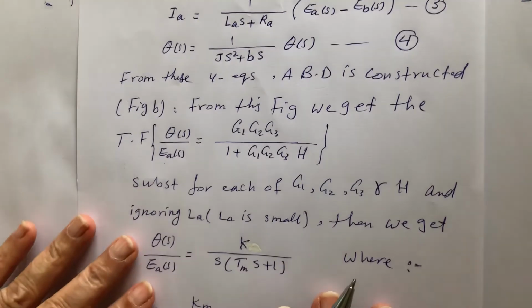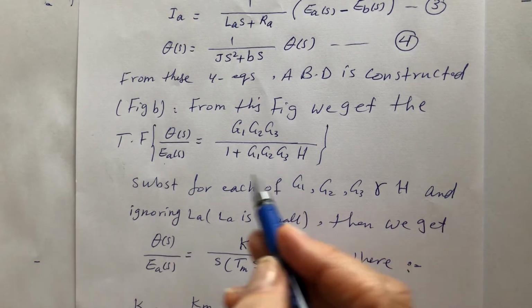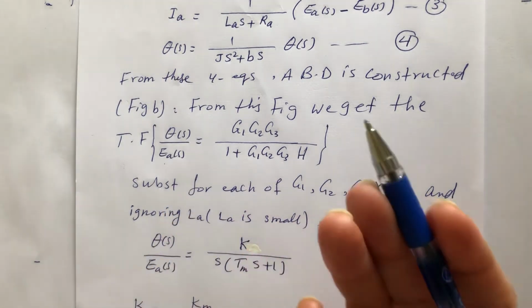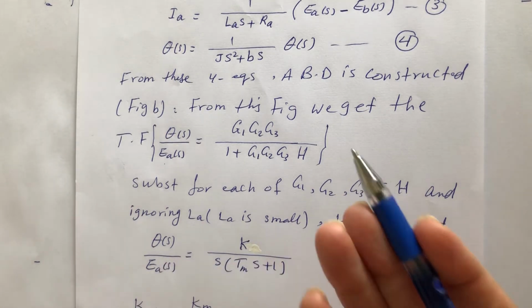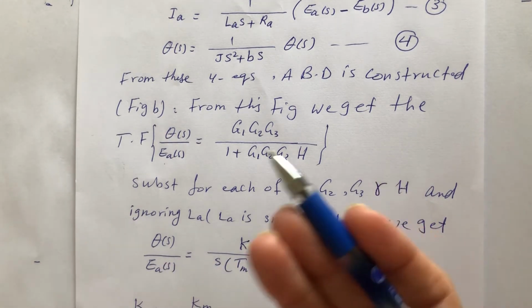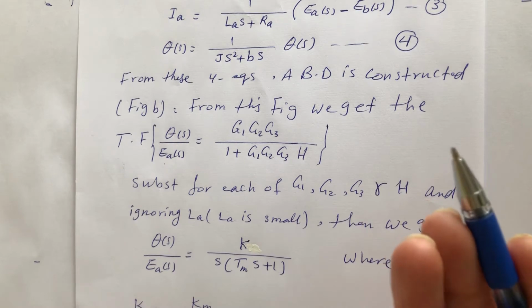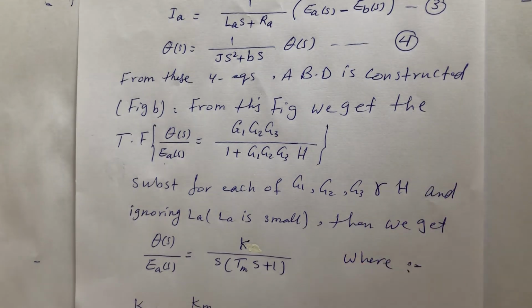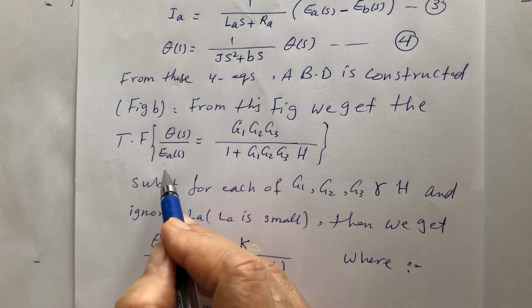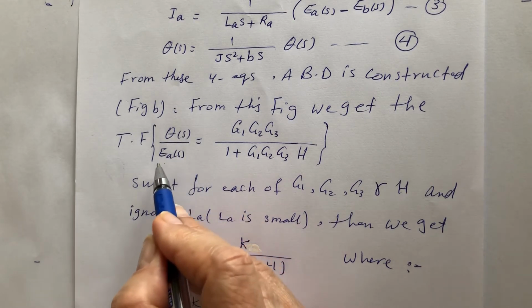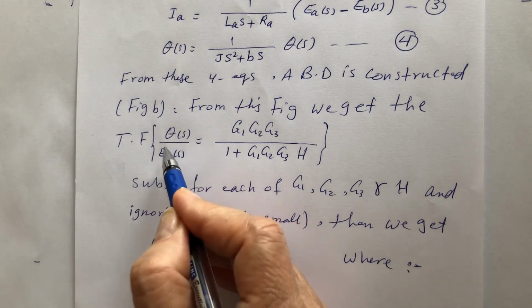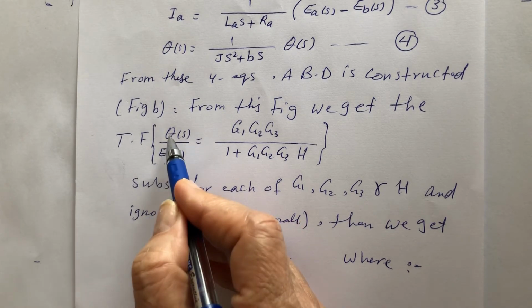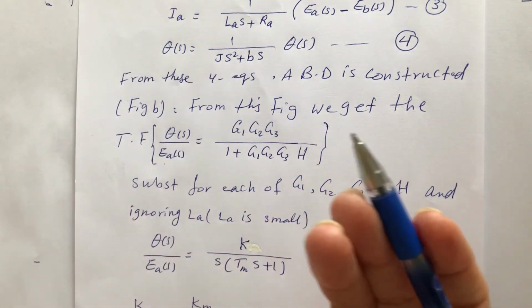Now, the transfer function looks like a closed loop in that block diagram. Why? Because of the feedback EMF. It's not a closed loop system, but it behaves like one. So theta over E of S, the transfer function, means you give it a voltage and you get a movement at the output, or a speed if you like.